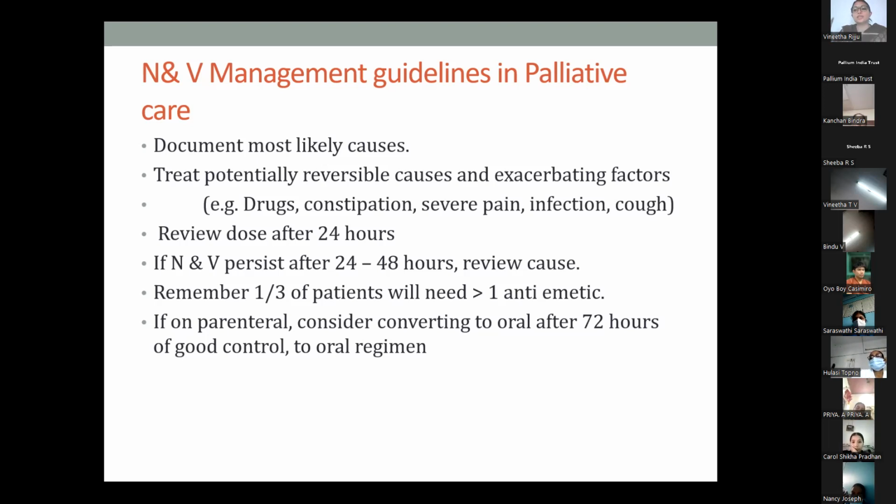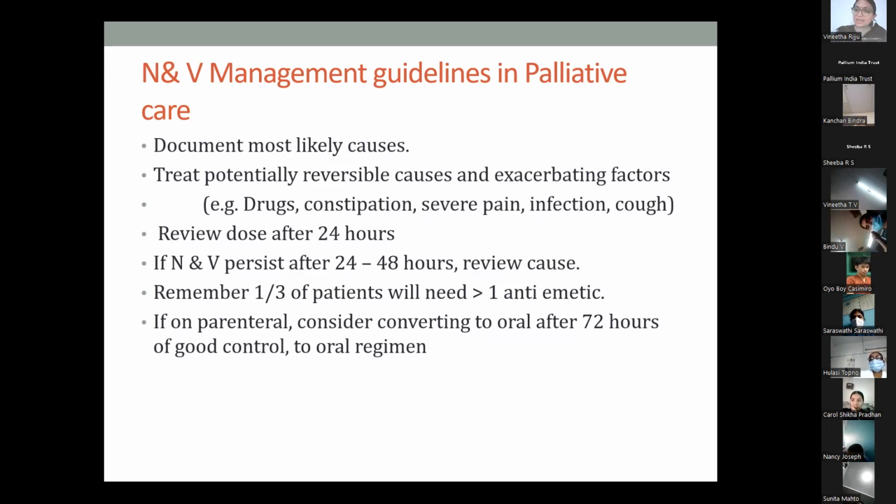If the patient is on IV drugs, that can be continued until the patient gets good control. Once there is good control, switch over to an oral regimen and continue the patient on it till you make sure that the patient is completely comfortable. If your patient is admitted and you put the patient on IV drugs, it does not mean that the nausea and vomiting is controlled and you stop the drug and send the patient home.